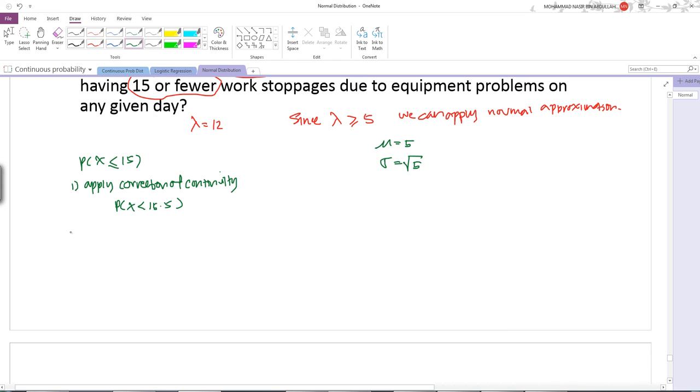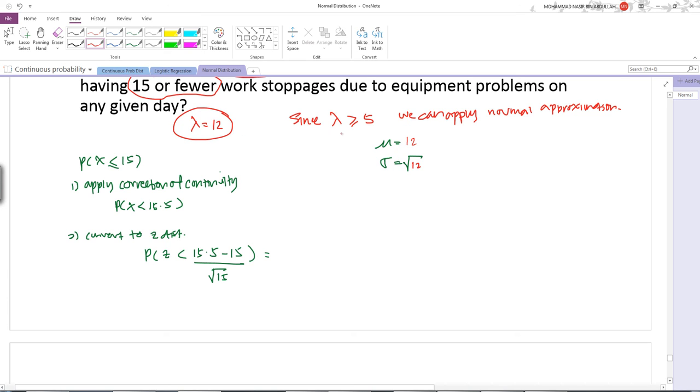So step number 2, convert to Z distribution. Z less than or equal to 15.5 minus the mean divided by the standard deviation. Here I made a mistake: the mean is equal to lambda, which is 12, and the standard deviation is equal to the square root of 12.